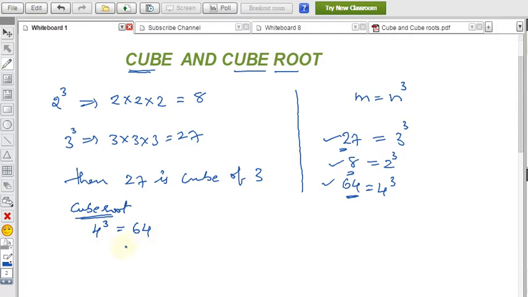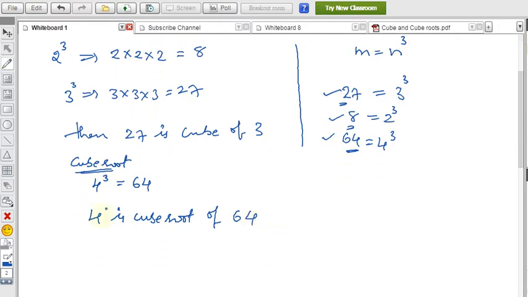Now 64 is the cube of 4, then 4 is the cube root of 64. Similarly, 2 is the cube root of 8. Now 3 is the cube root of 3 power 3, that is 27. So cube root of 27.